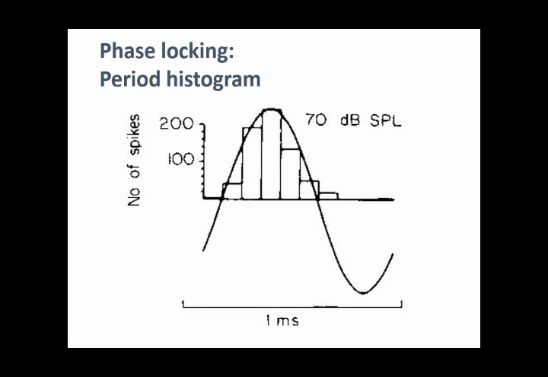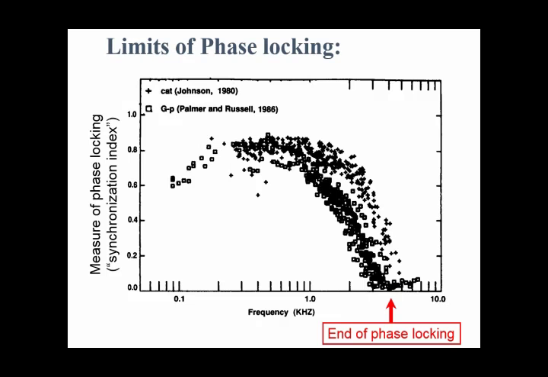So what the auditory nerve does is it samples the waveform very accurately, but only, you see that, the top half, not the bottom half. It cannot code for negative half waves, it can only code for positive half waves. It's called half wave rectification, but that should not concern us.